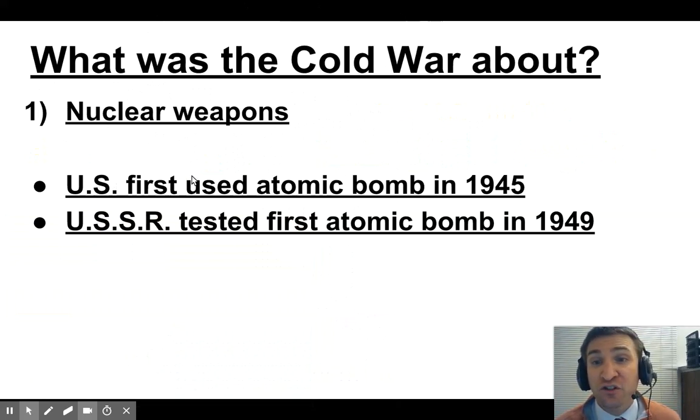The US first used the atomic bomb in 1945. Remember Japan and Hiroshima and Nagasaki. And then the USSR tested its first atomic bomb in 1949, becoming the second country in the world to have a nuclear weapon. Uh-oh. Two competitors, both with nukes?